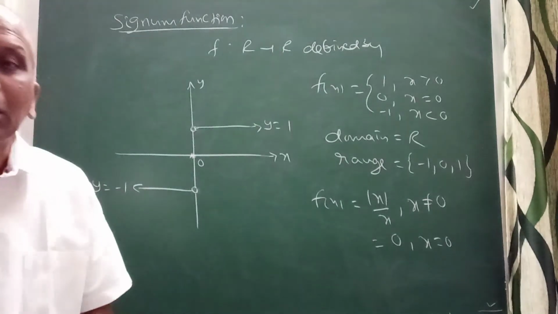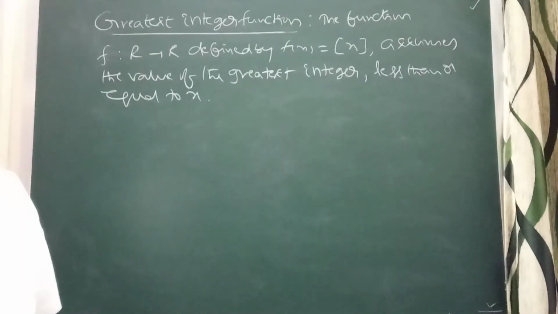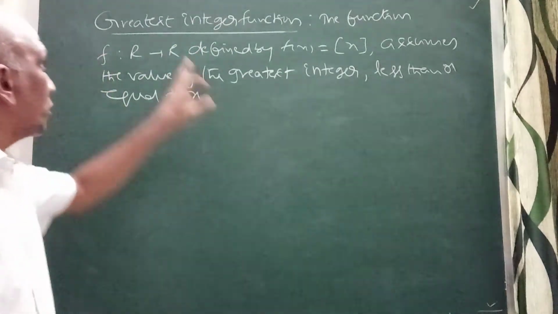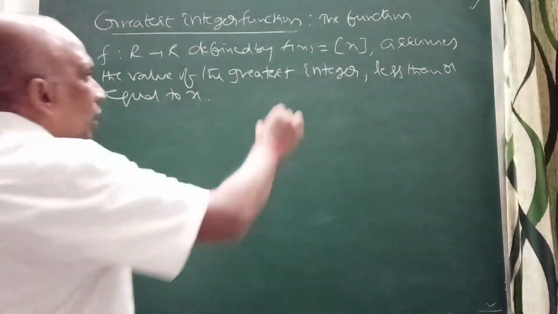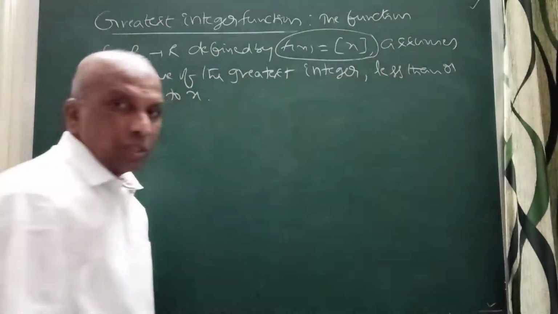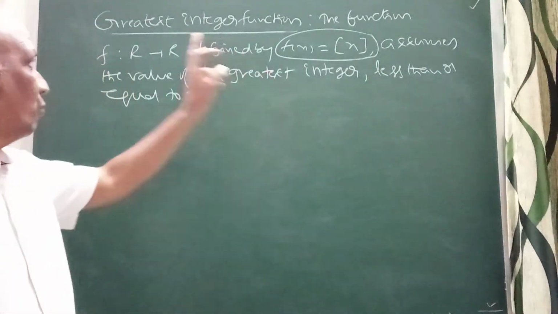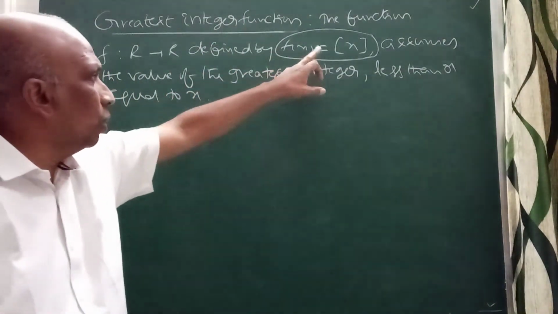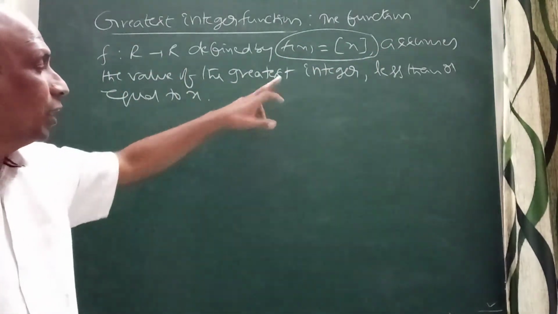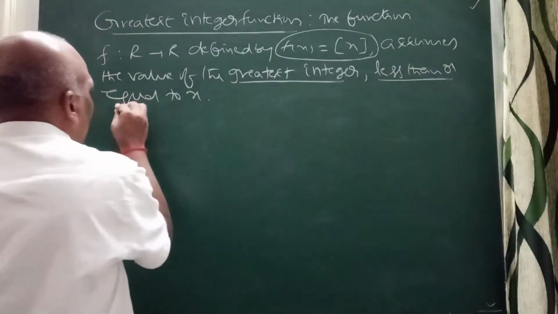Now I will discuss the most important function, the greatest integer function. You can see that the function is the greatest integer function. The function f from R to R defined by f of x equal to floor of x. This is the notation floor x; I can also say floor function. It assumes the value of the greatest integer less than or equal to x.